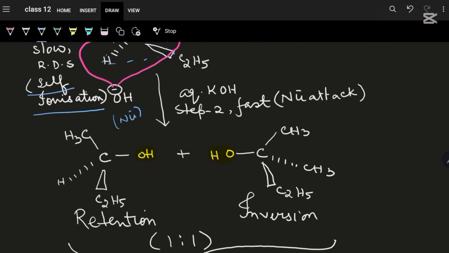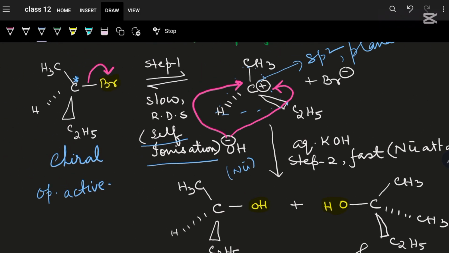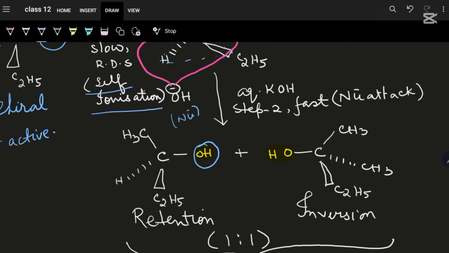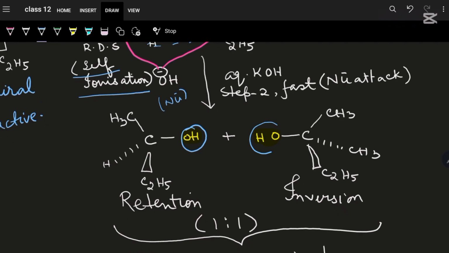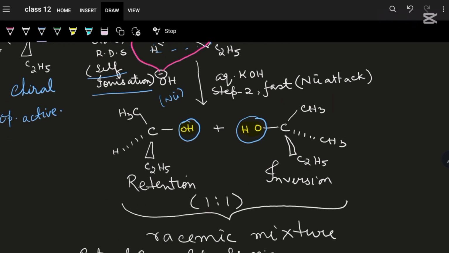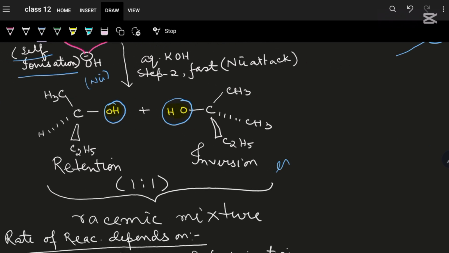So now you attach OH first on the side which was having Br, there only OH is attached, and to the rear side, the opposite side to Br, because both are equally probable. And these two forms are known as enantiomeric forms.